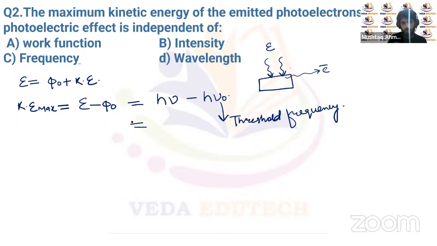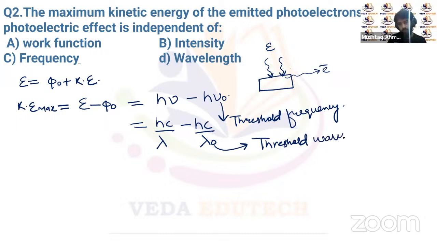Or we can write this energy hc upon lambda, where lambda is the wavelength of the incident photon, equal to hc upon lambda naught, where lambda naught is what we call the threshold wavelength, right?